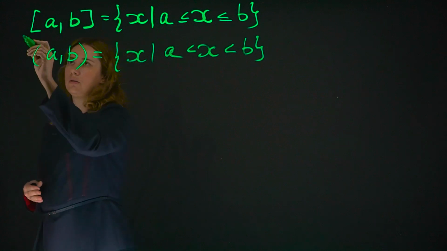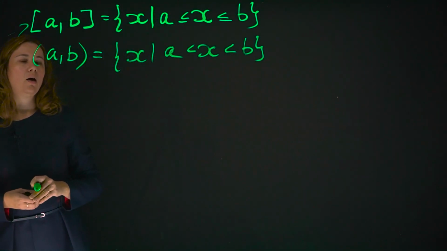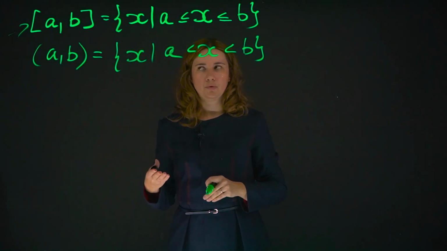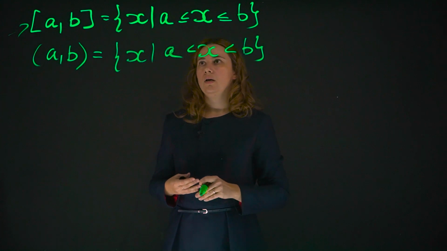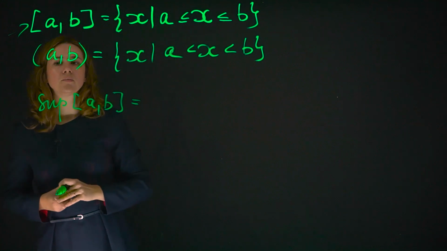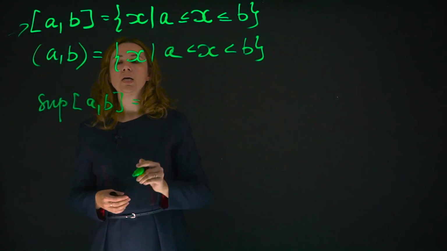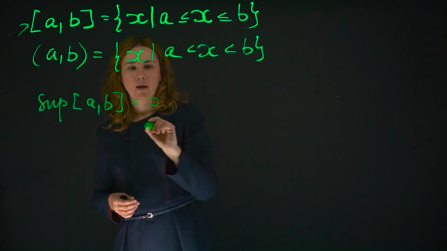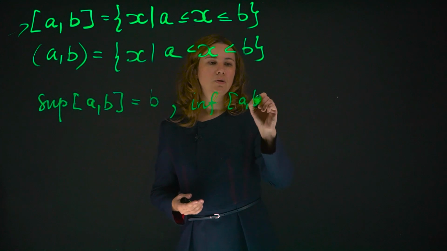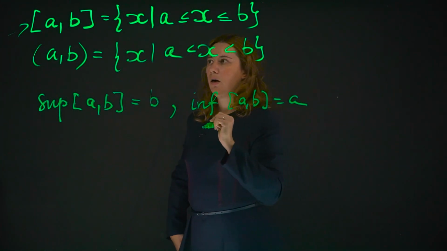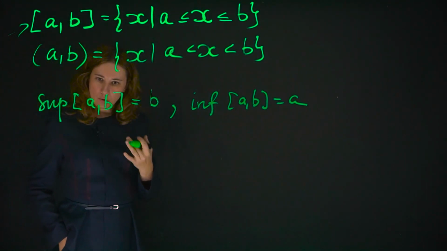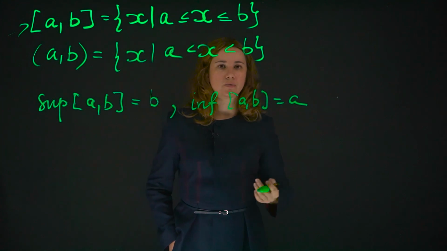Let's start with the closed interval. I think it's obvious that the supremum and the infimum of this set exist, and the supremum of our closed interval is equal to B. And by analogy, the infimum is A. Well, what can we notice analyzing this result?